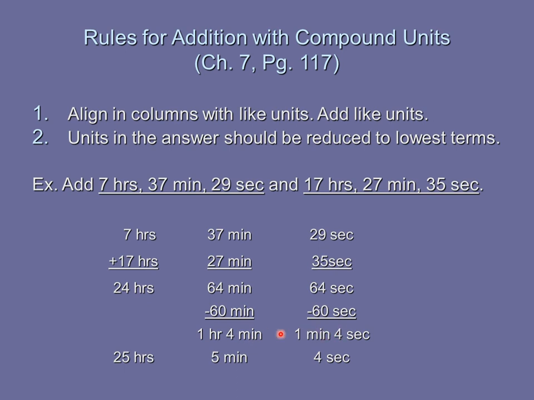You add both minutes to get 5 minutes. You have 1 hour here, you have 24 hours here. So you add both to make it 25 hours. So in total you have 25 hours, 5 minutes, 4 seconds.